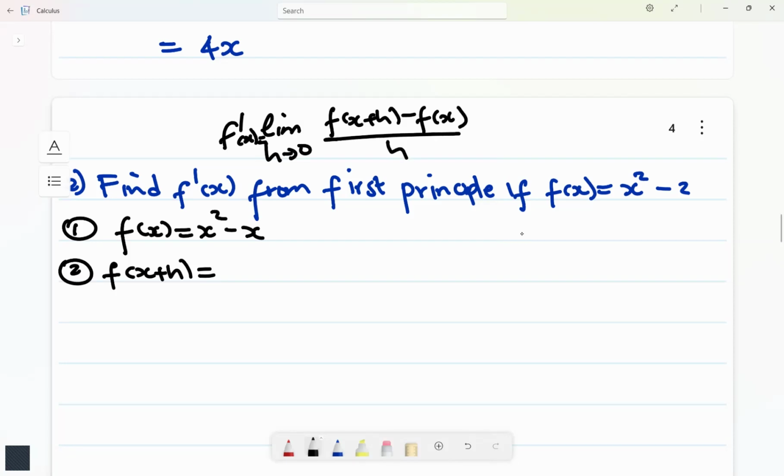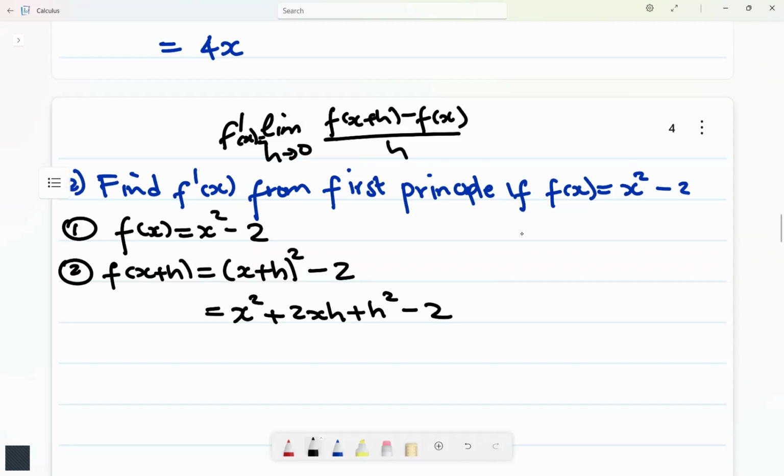Okay, what is f of x plus h? Remember, what did we say? We said when you see x, we open a bracket and put x plus h, meaning x plus h, then we square everything. So this is minus 2. Okay, then we get what? We get x squared plus 2xh plus h squared minus 2.